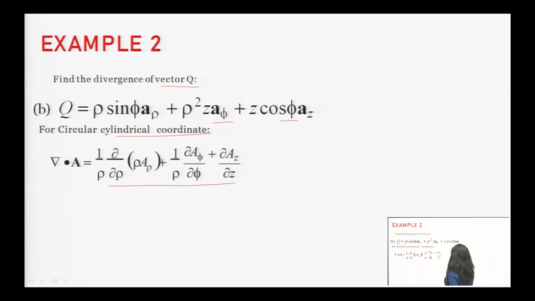Accordingly, we can solve this problem as del dot q will be equal to 1 by rho d by d rho of rho A rho, plus 1 by rho d A phi by d phi. In place of A we will write q here, and here also q.